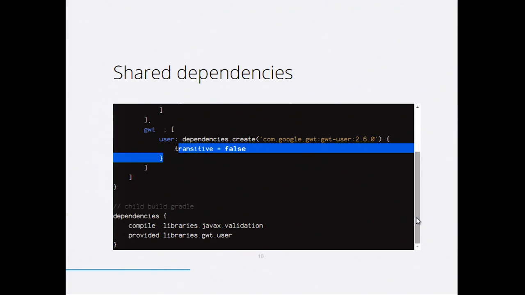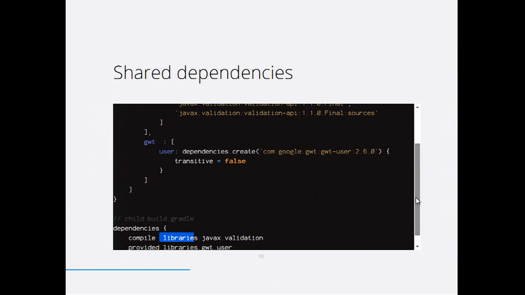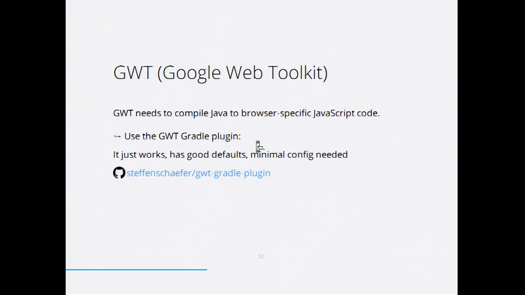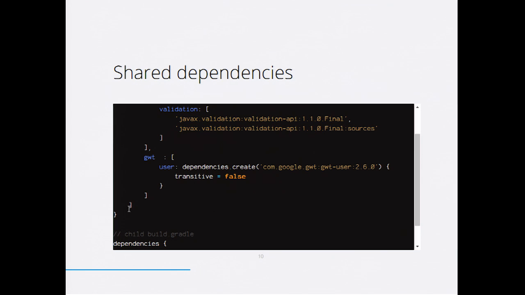And then when you want to use it, you just have to reference the globally available libraries variable. That makes it very convenient if you want to share your dependencies from one root project to your child projects. So you only have to change your version numbers in the root project, and everything is okay for your children.